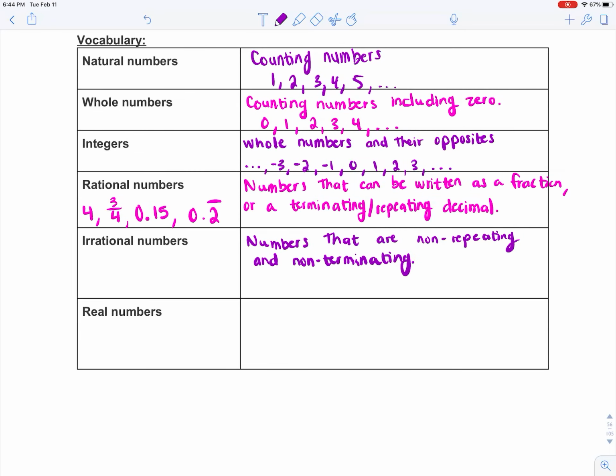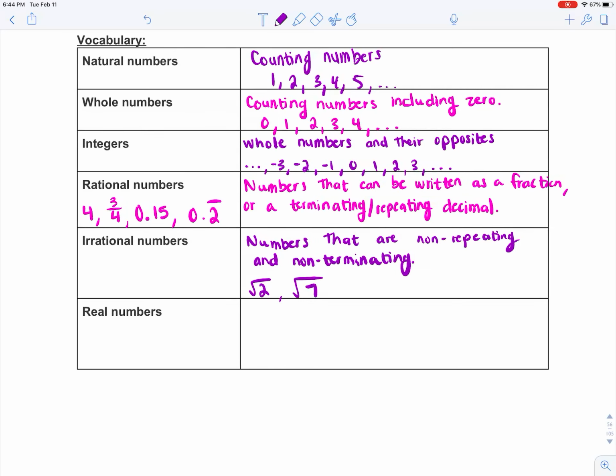Some examples that we've encountered already include things like the square root of 2. When you type that into your calculator, what comes out is a pretty complex decimal, and then it continues on and on and on forever. Another square root example we could do is the square root of 7.